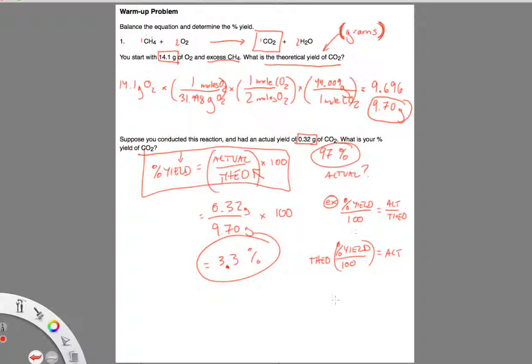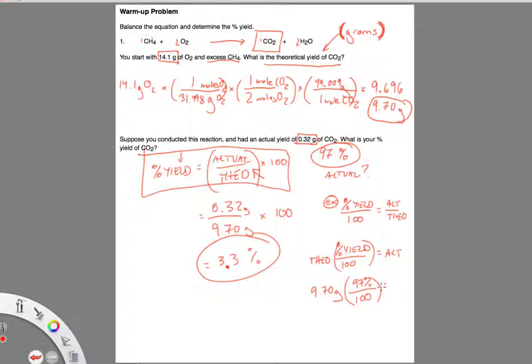So if we plug all these numbers in, that would be 9.70 grams. And then on top, we have 97% divided by 100.